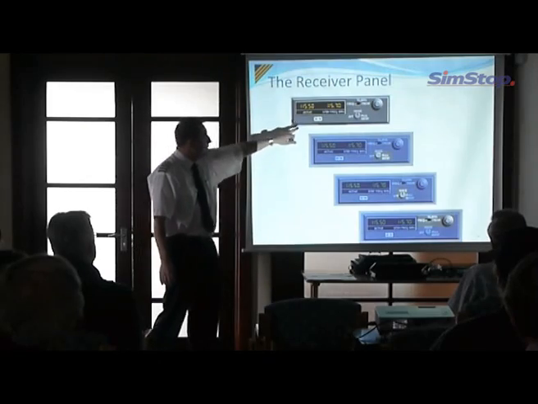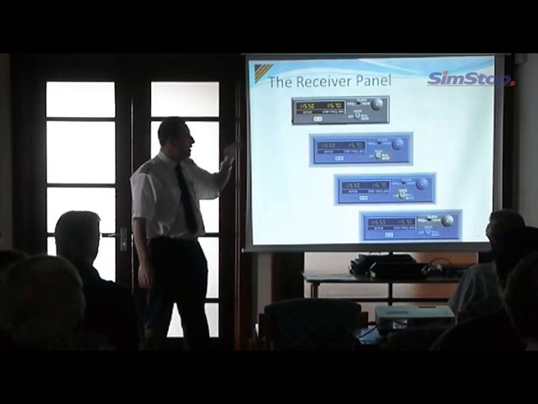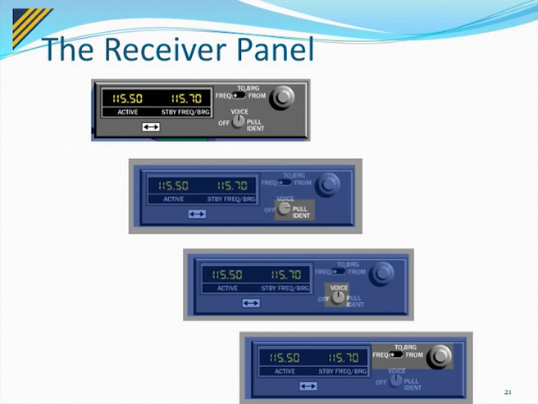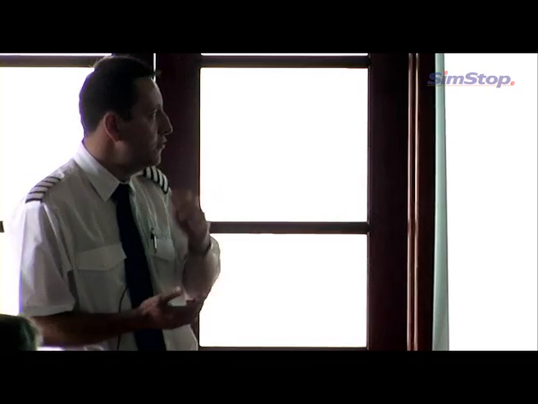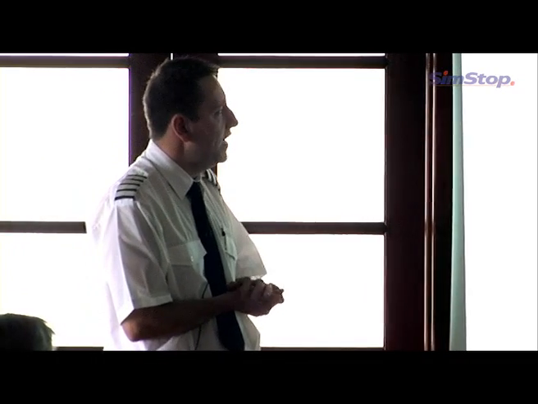The flip-flop button there will flip the active and standby frequencies. Off, again, the machine is off. Voice, some VORs broadcast voice over the airwaves. That could be a weather broadcast, an ATIS, etc. So if you want to listen to that, you can just put it into voice to get a clearer reception on the voice.